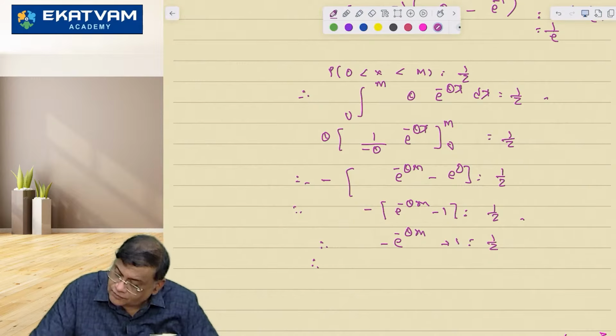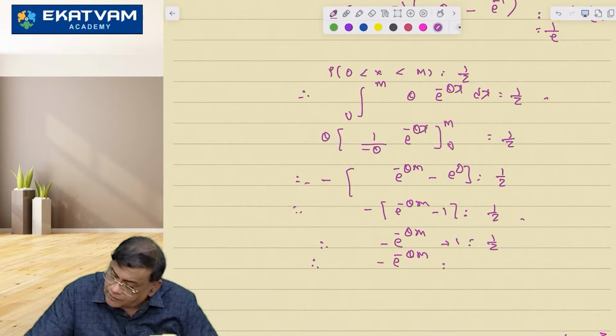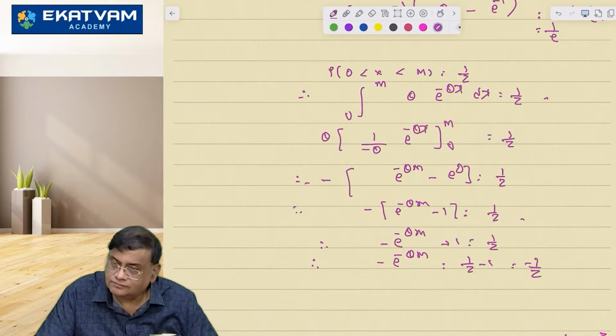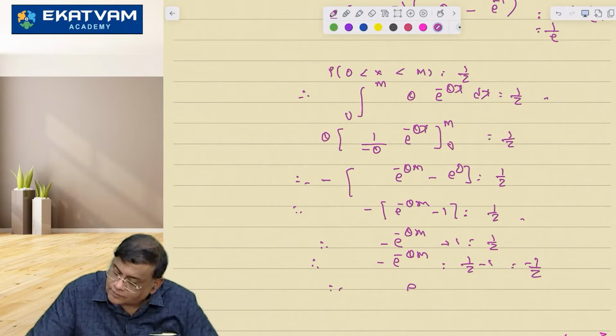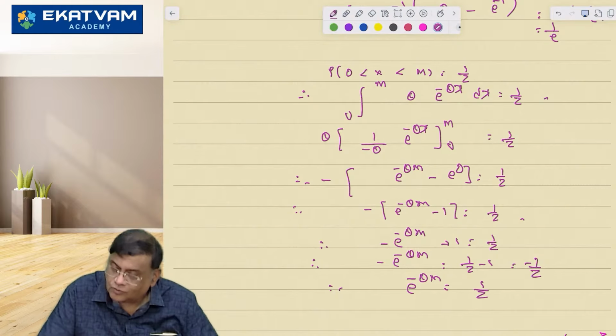Therefore minus e raised to minus theta m is half minus 1, which is minus half. Therefore e raised to minus theta m is 1 by 2.